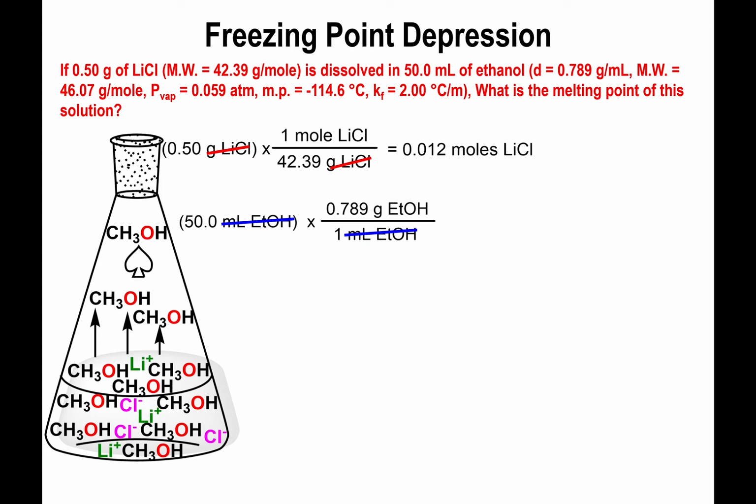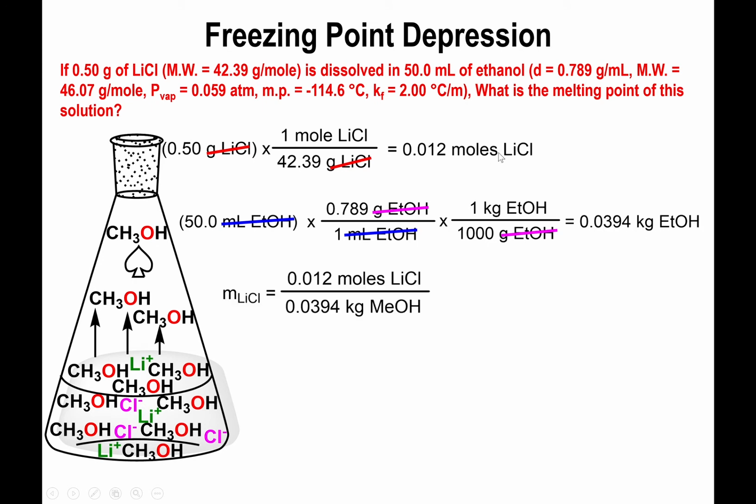And remember, we're going after the molality, so we need to change this to kilograms of solvent. So we divide by 1000 in order to end up with kilograms. So here we're dealing with 0.0394 kilograms of solvent. Dividing the solute moles by the solvent mass in kilograms ends up yielding 0.305 molal.